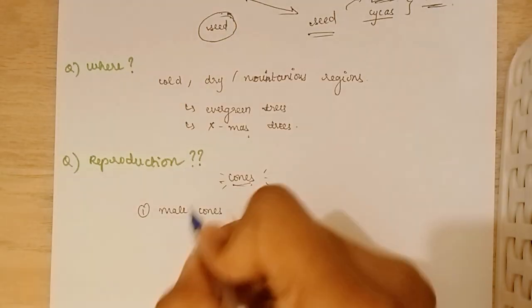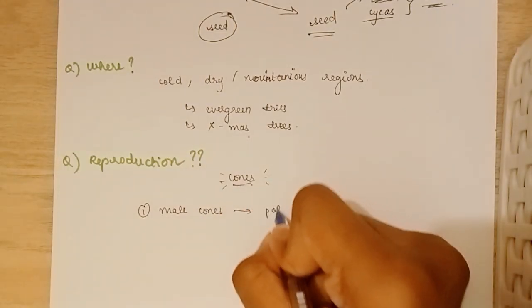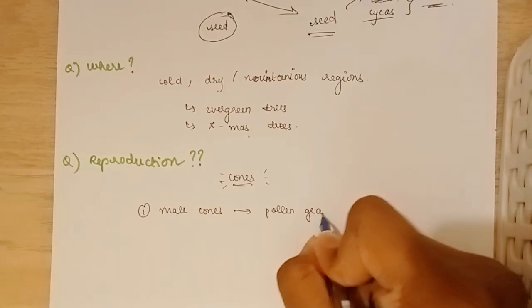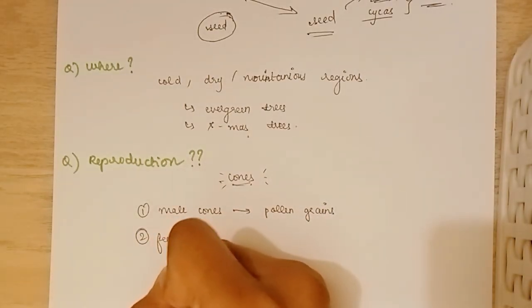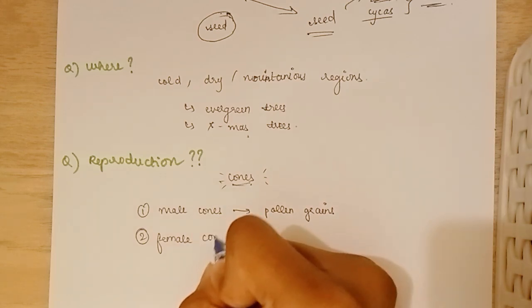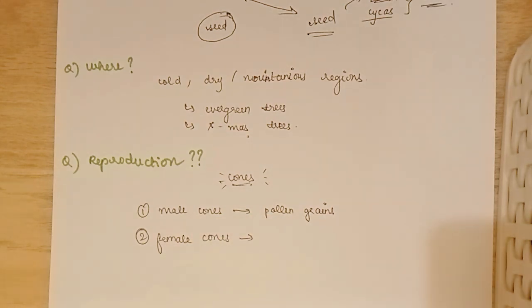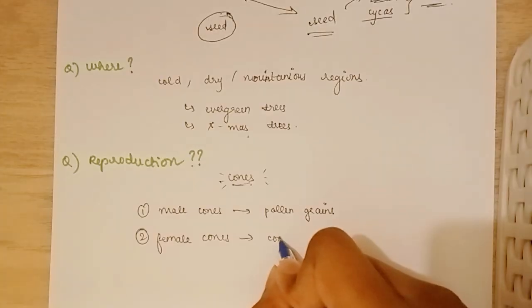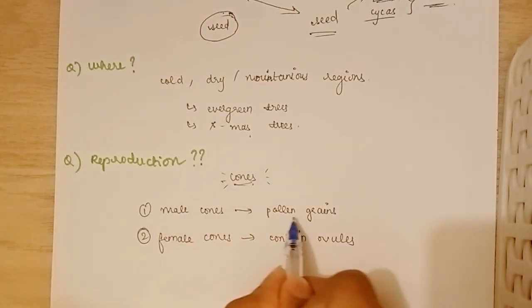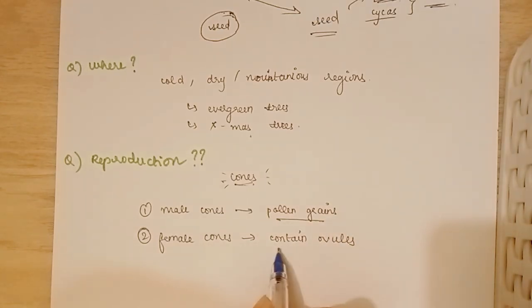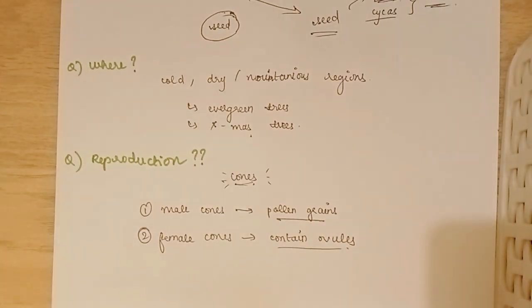The male cones produce pollen grains, and the other type of cone is female cones, and the female cones contain ovules. So just like angiosperms, male cones produce pollen grains and female cones produce or contain ovules.